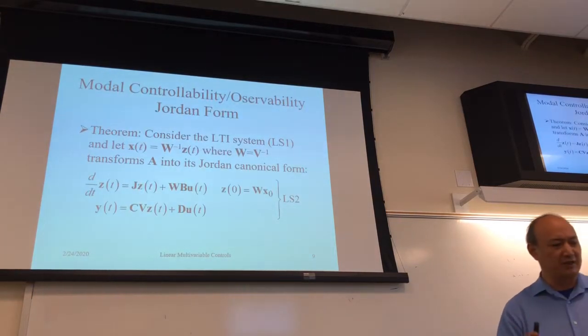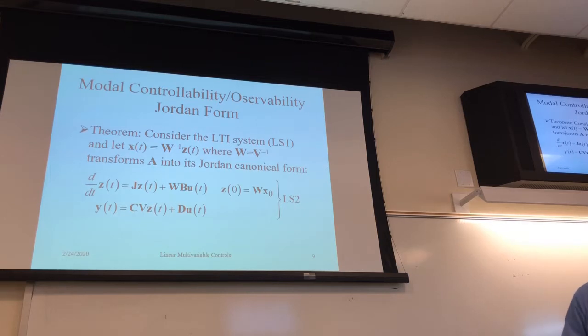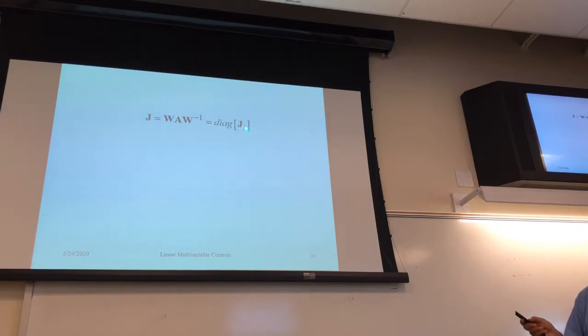Okay, let's forget about distinct eigenvectors, but let's assume that we cannot diagonalize the A matrix, but we can always make the A matrix block diagonal.